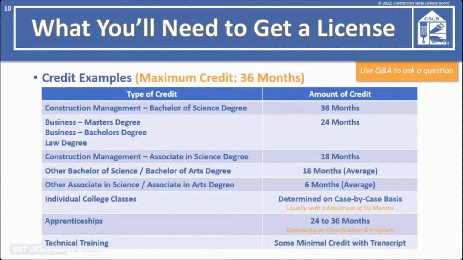A lineman apprenticeship gets you 36 months in a C7 low voltage and C10 electrical classifications only. If you have transcripts for other technical training you've taken, you might be able to get some minimal credit as well. Again, do not use your educational credit to try and squeak by the 4-year or 48-month requirement.